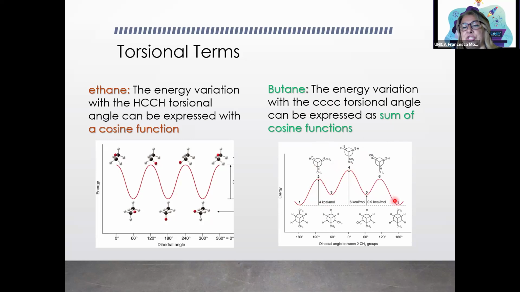Now the shape is different, of course, being a sum. And we have different types of minima, global minima, so the minima with the lowest value, and local minima.